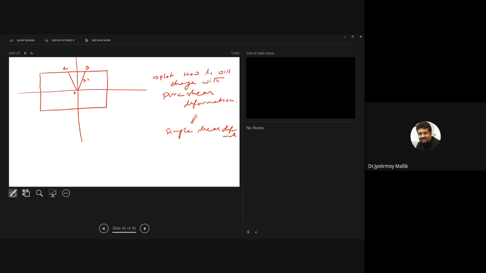So pure shear, you are simply squeezing it back, and simple shear, you are providing a shear. Remember this line AB or AC will not be parallel or perpendicular to the long axis and short axis. That is simple. So you have to take the length L1, which is the initial length, and show me how the length will change with pure shear deformation and how the length will change for simple shear deformation.